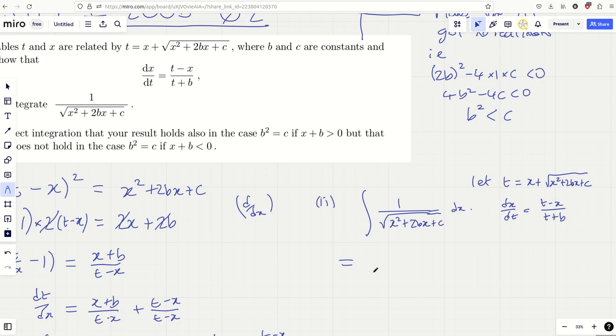And so what have we got here? If we make the substitution, this is the same as t take away x and then reciprocate. So that's 1 over t minus x multiplied by, now I need to swap the dx for all of this times dt. So that's going to give me t minus x over t plus b times dt.